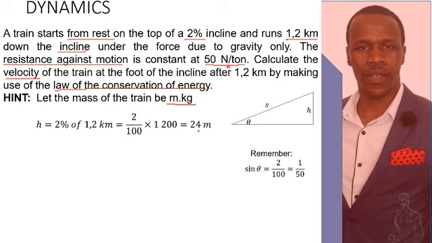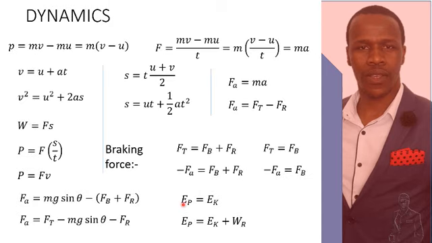Now we can deal with that, and this goes because they told us the law of conservation of energy, so we know that this goes with what we have here. Law of conservation of energy, we have only two formulas there, this one, and this is the one that we'll use because we are given the frictional force for calculating the work done against friction.